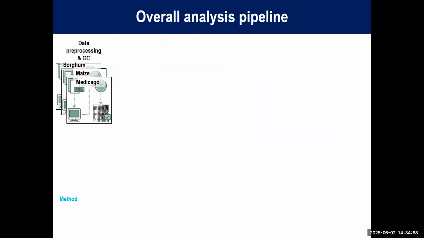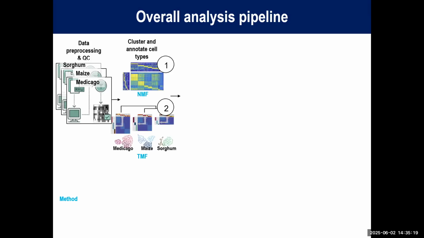The overall analysis pipeline of this project looked like this: the lab shared the single nuclei data with us, which are three matrices because we have three species. We first did basic pre-processing of the data sets, that is removing cells which are lowly expressed and normalizing the data set, standard steps. Then the next step was to cluster these cells into different cell types using two different tools which we have in Roy Lab, NMF and TMF.